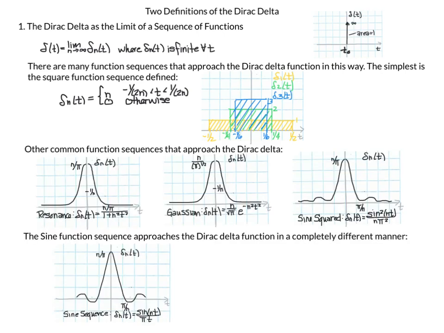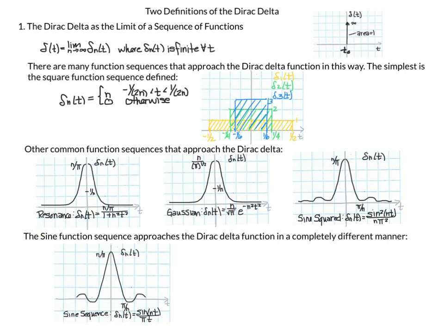I had mentioned there are many function sequences that approach the Dirac delta, and we did the square function, but there are other common sequences that approach it. There's this resonance function, there's this Gaussian, and there's this sine squared function. As n gets really large, all of these get closer to 0 away from the origin and we have a narrower spike that gets taller and taller.